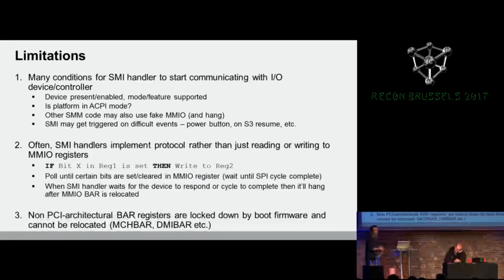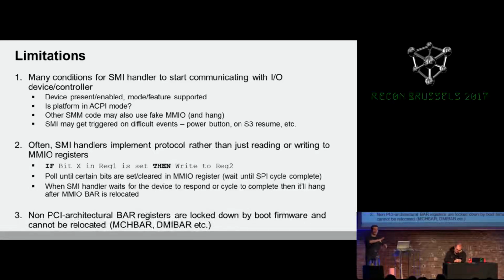The other limitation is that because those are memory mapped I/O ranges, those are not regular DRAM ranges, that means that the firmware is actually implementing a protocol in a lot of cases. So it's not just writing, like I want to write 0 to this offset. No, it usually implements some sort of protocol, and the protocol could be as simple as read the value.